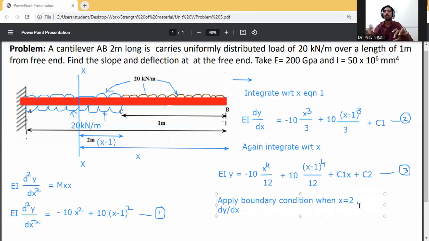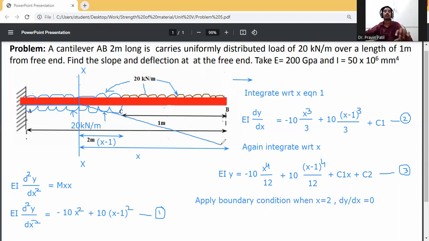When you apply force on the beam, it will deflect in that way, and the slope and deflection at A will be 0. So put this in equation 2.